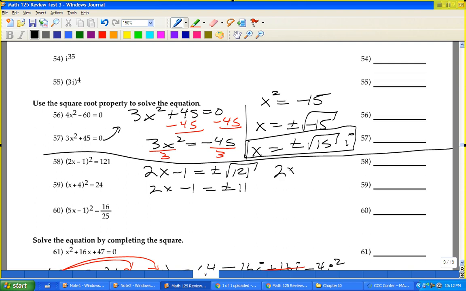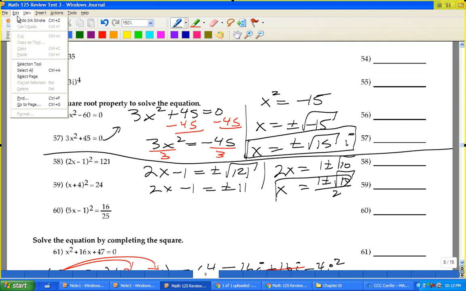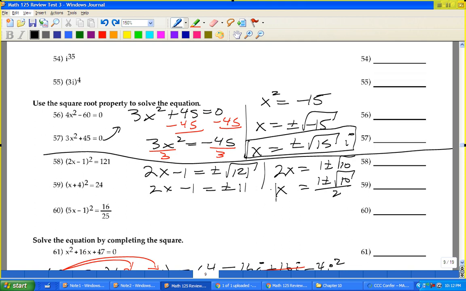So I get that 2x is equal to 1 plus or minus 11. So I get x is equal to 1 plus or minus 11 over 2. And that is your answer.